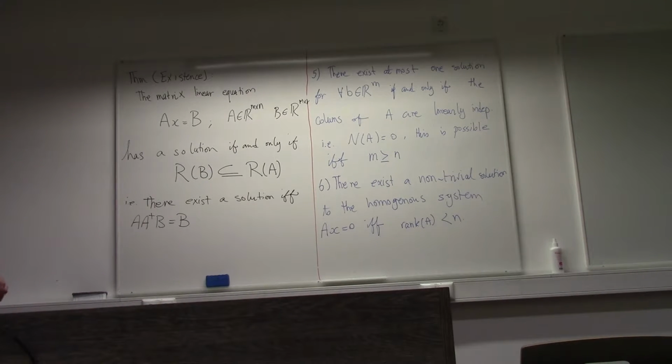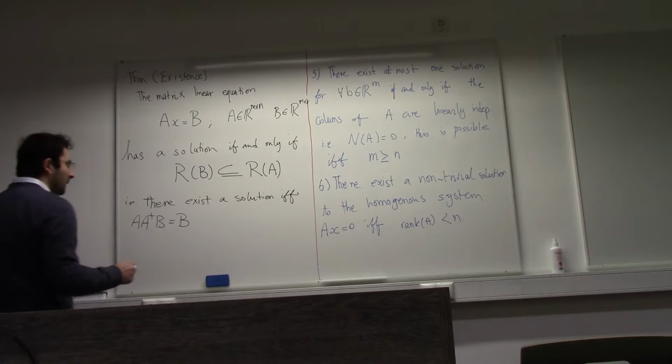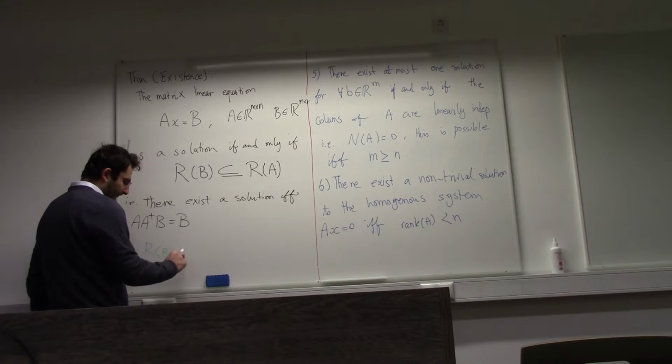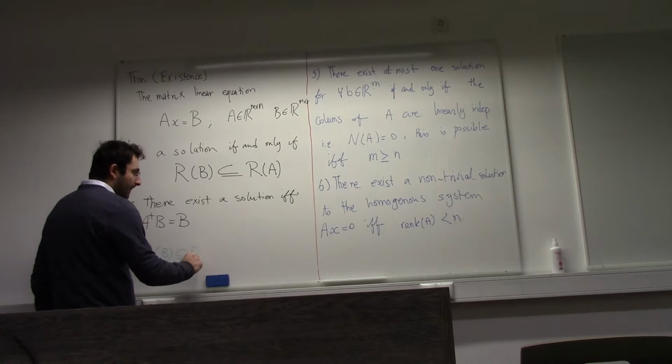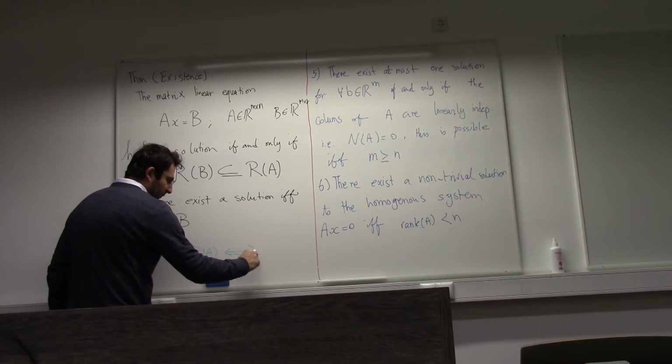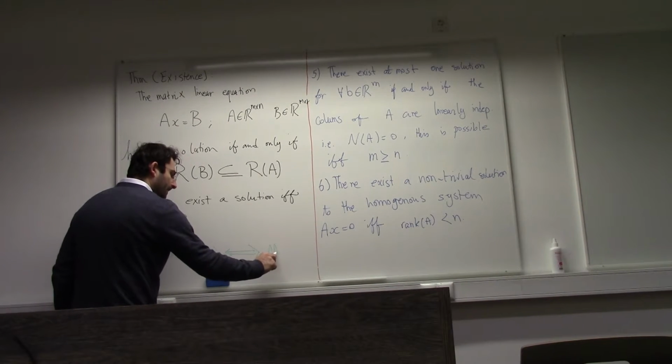And we want to prove it. For the proof, we have to prove this. This is a two-way relationship.